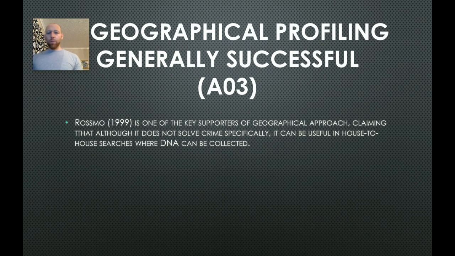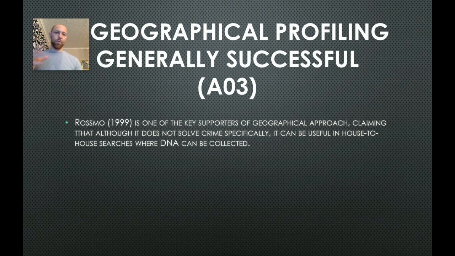Geographical profiling, well, Rossmo is one of the key supporters of geographical profiling. Obviously, he sells the software and as a result has potentially a vested interest. Although it does not solve crime specifically, it can be used in house-to-house searches, and that's not to be underestimated. Remember last time we looked at breaking down and limiting some of the suspects.